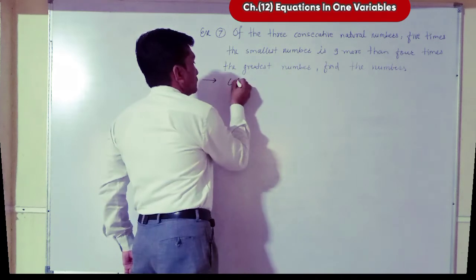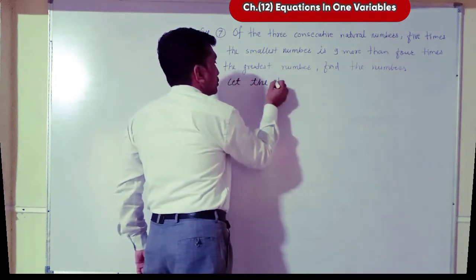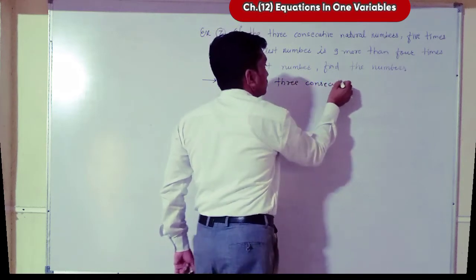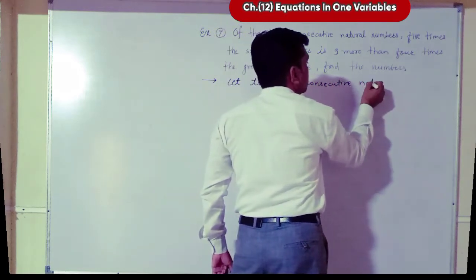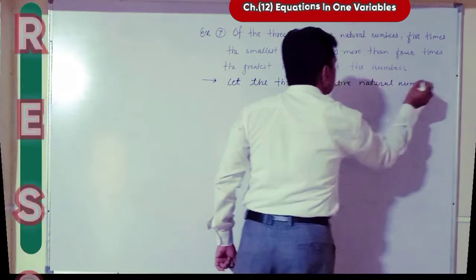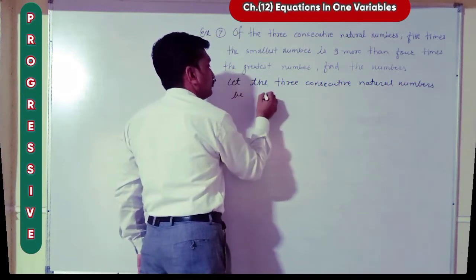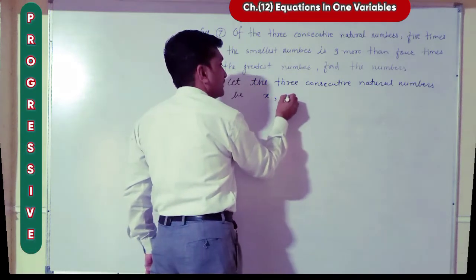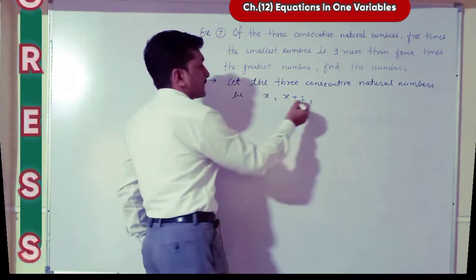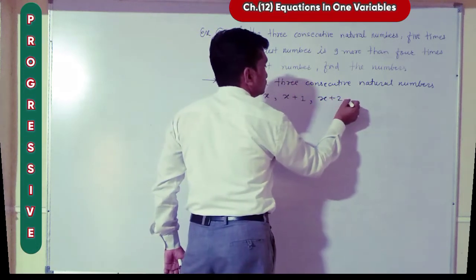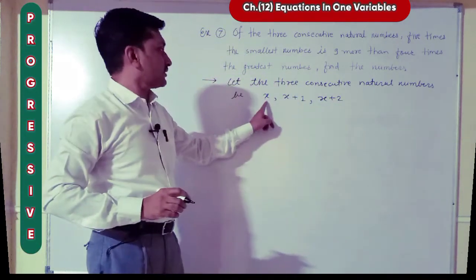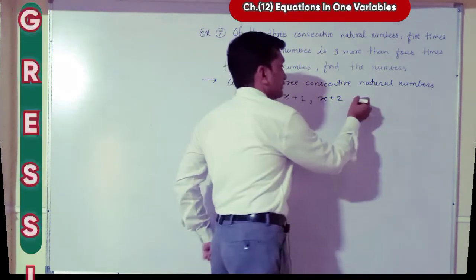Let the 3 consecutive natural numbers be: first x, second x plus 1, greater by 1, and x plus 2. We want 3 numbers, so x, x plus 1, x plus 2 respectively.